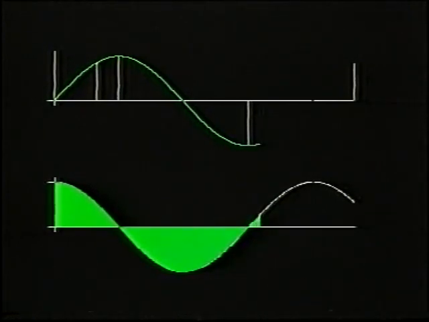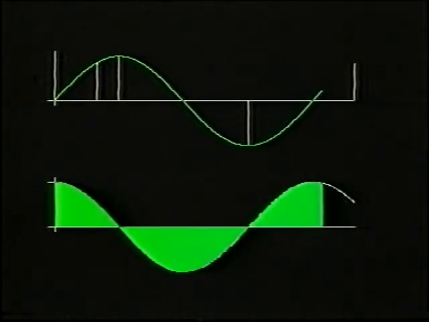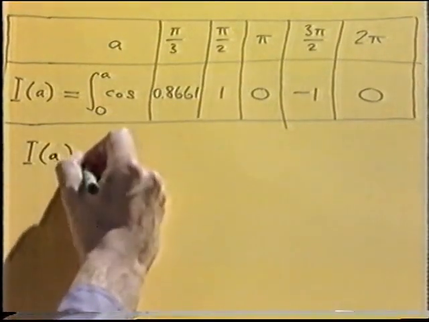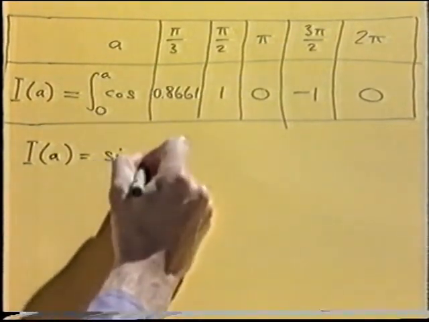After that, positive contributions are being added, and the integral function increases once more. And that looks familiar. I expect you recognize it as the sine curve. So it looks as though our integral from 0 function is given by I of a equals sine a.